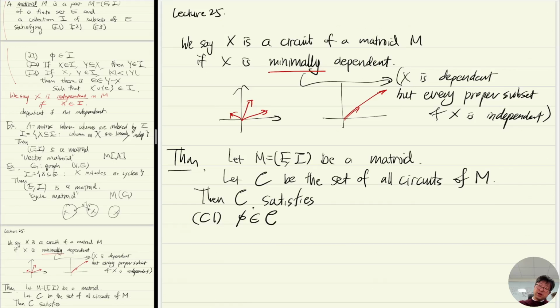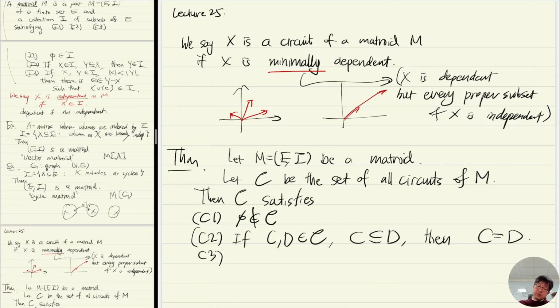First of all, the empty set is never a circuit, because the empty set is independent. The second axiom is, if you have two circuits where one is a subset of the other, then they are actually equal, because we chose minimally dependent sets, so no proper subset is dependent. So C1 and C2 are trivial, just from I1 and I2 and the definition of circuits.